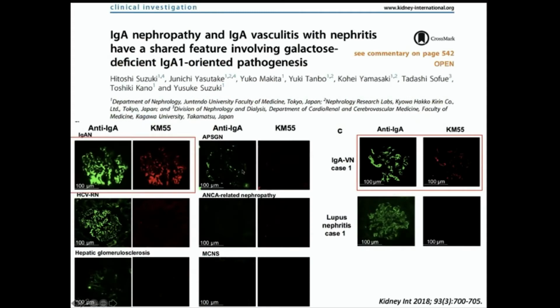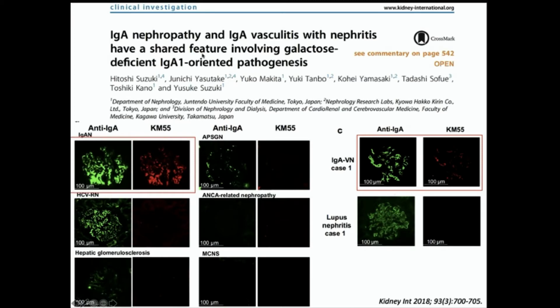As we have more understanding of galactose-deficient IgA1 in the pathogenesis of IgA nephropathy, a group in Japan published a paper in KI in 2018. They developed an antibody specific to galactose-deficient IgA1.